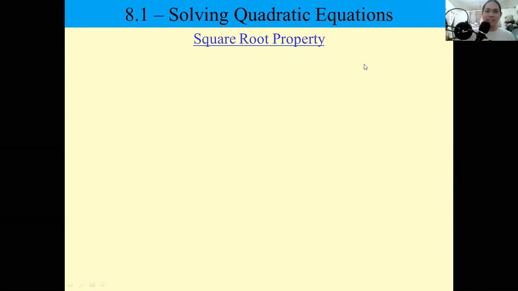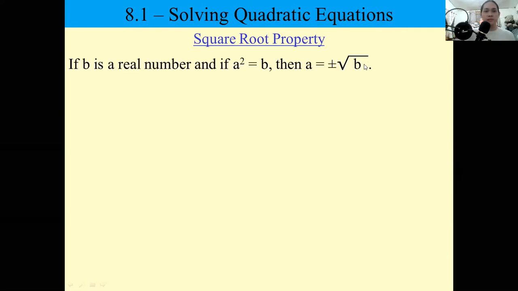So now let's proceed. As I recall, the square root property says if b is a real number, and if a squared is equal to b, then a is equal to positive and negative square root of b. So for this example, quantity x plus 2 squared is equal to 18.